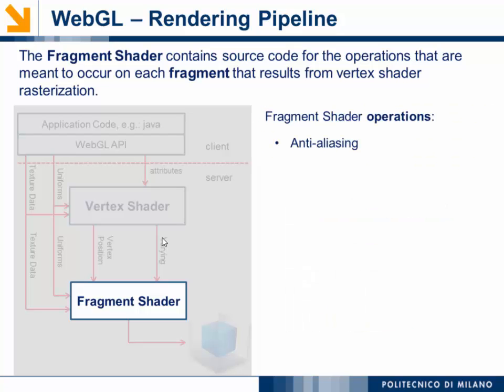Typical fragment shader operations are, for example, anti-aliasing, in order to avoid jagged edges; the depth test, deciding which pixel is going to be maintained for the Z test; and color blending between two different pixels.